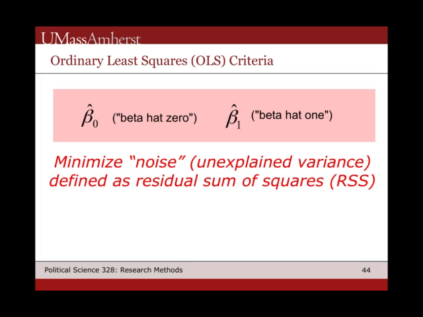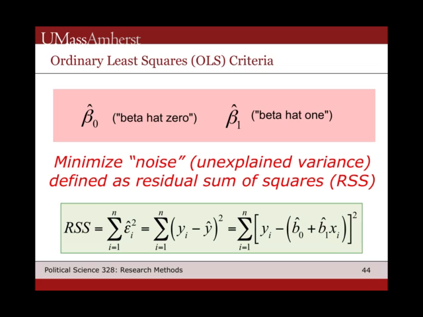What that means is we're minimizing the noise, or the unexplained variance, which is defined as the residual sum of squares. So the residual sum of squares here, just as the fancy math part, is the sum of the e_i squared, which is basically the y_i's minus the y hat squared. So we're minimizing this number, this residual sum of squares number.